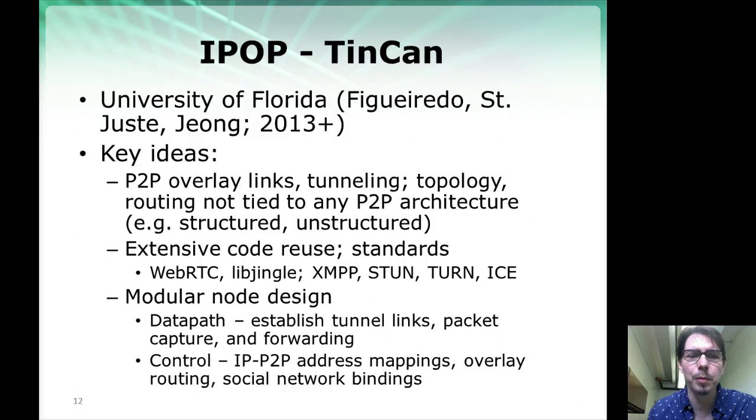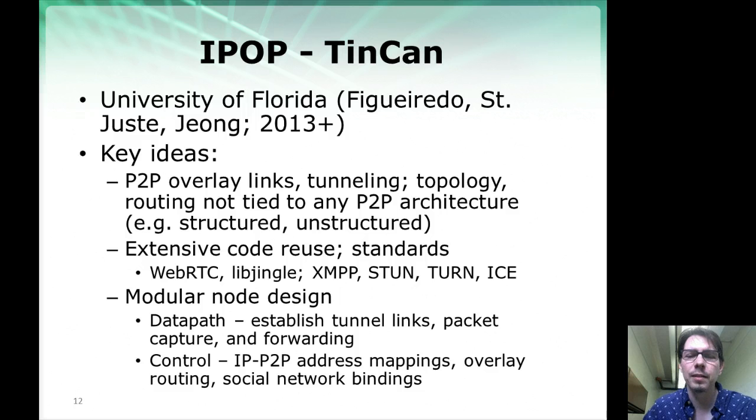A few reasons for moving from the previous Brunet-based overlay to the new Tincan approach for IPOP include the ability for us to reuse a lot of code that came from the WebRTC domain, and also to reuse standards that became more and more available since the previous version of IPOP. Those include the XMPP messaging protocol and STUN, TURN, and ICE for NAT traversal.